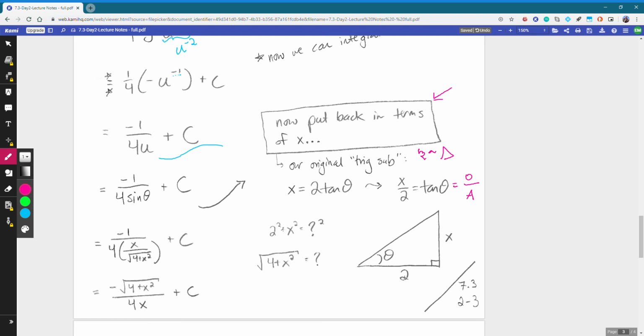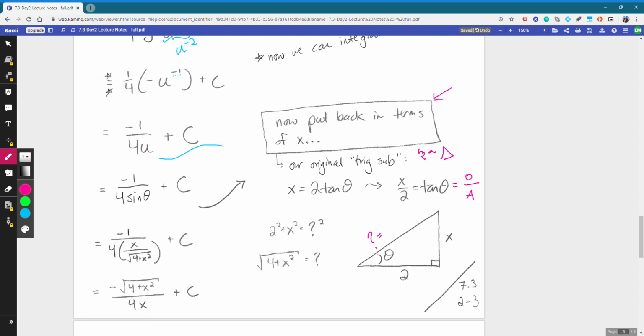All right, and then if we want to know what this third side is, then we can just use the Pythagorean Theorem.